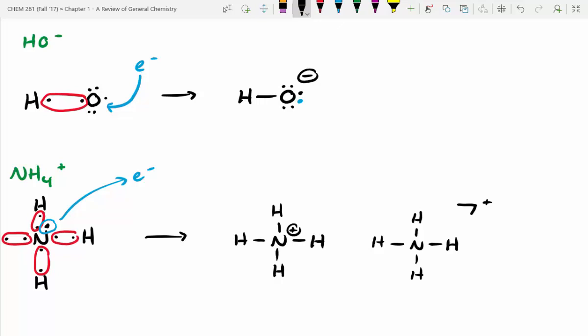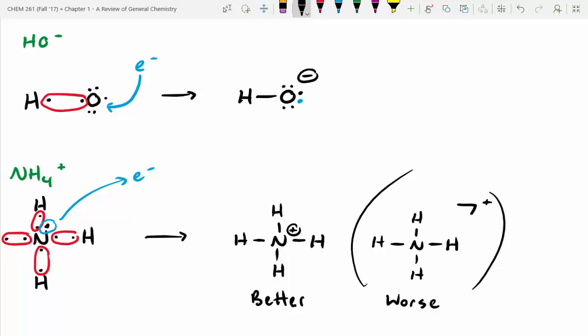In organic chemistry, I really prefer for you to put the charge on the specific atom that has the charge. That way we know the positive charge is on the nitrogen, not on a hydrogen or anything else, right? So please, I'll just put worse and better. Please try to draw the positive charge on the correct atom.